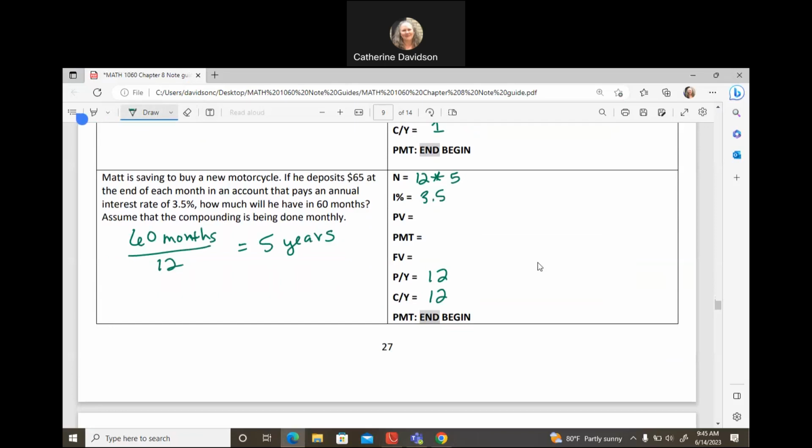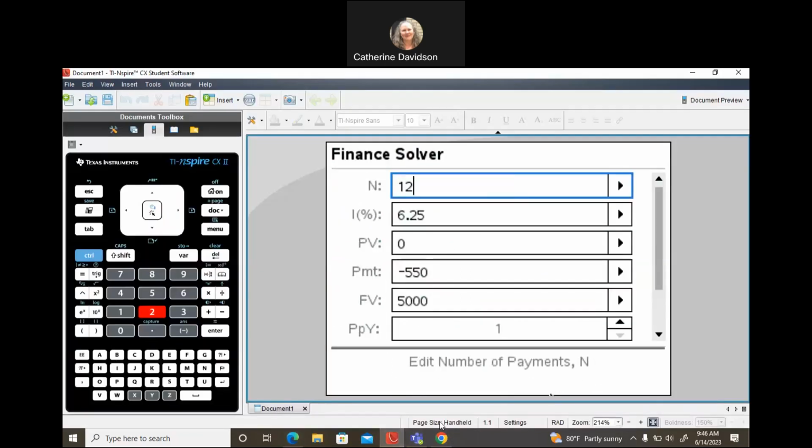He's putting in $65 each month. The account is open, there's nothing in there. How much will he have in 60 months? So we're solving for future value. $65 each month, how much will we have in there?